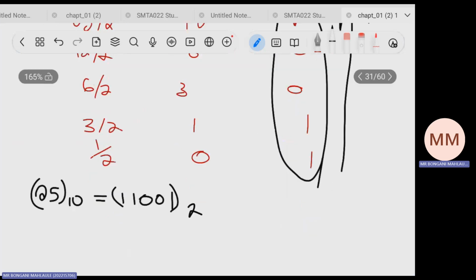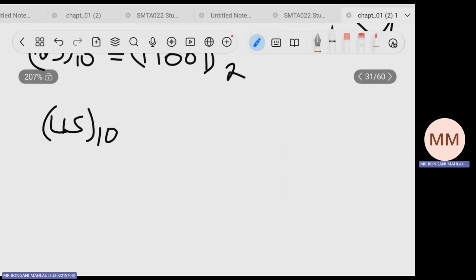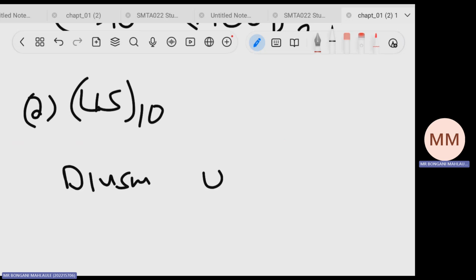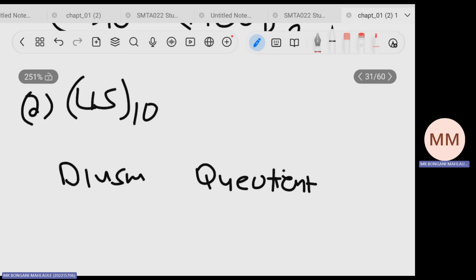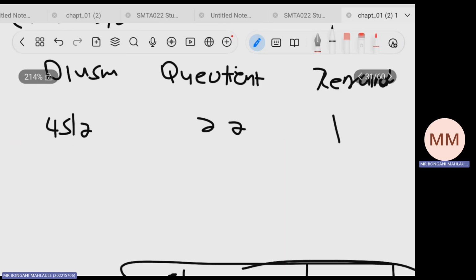And let's also do another example. Take 45 base 10. 45 over 2 would be 22, remainder 1.